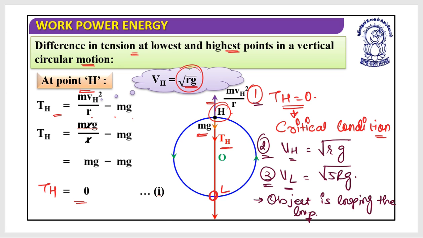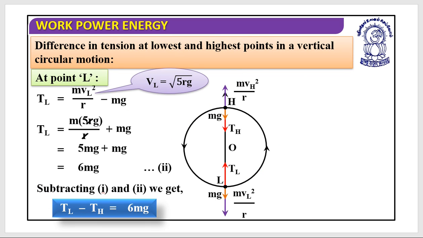Great. Let's check out the difference in the tensions we were calculating. We have already calculated the tension at the highest point, and that I calculated as 0. Now let's calculate the tension at the lowest position. So when I calculate the tension at the lowest position, this is T at L, tension would be over here, mv square by r over here, and it would be plus mg.